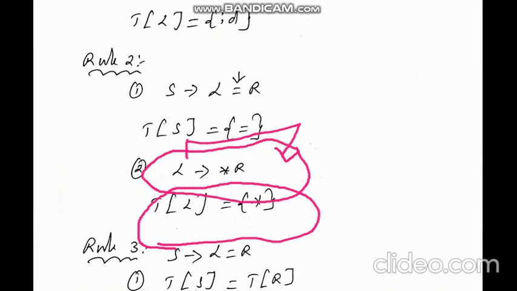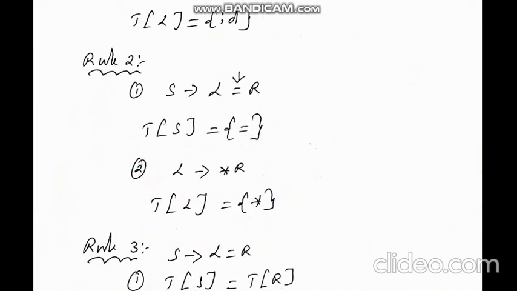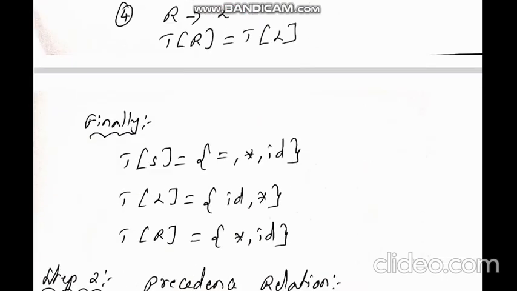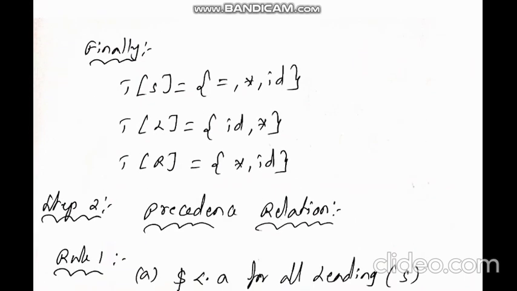The trailing of L values you can see here: number one is asterisk, and one more thing we have is id. So any value you have in trailing of L is going to apply for trailing of R also. So we got this particular thing, that is asterisk and id.